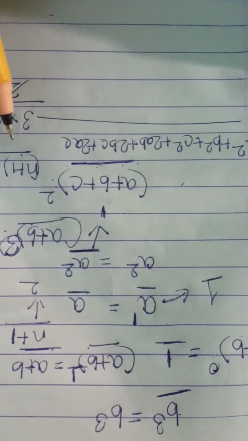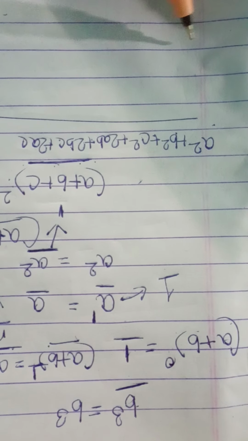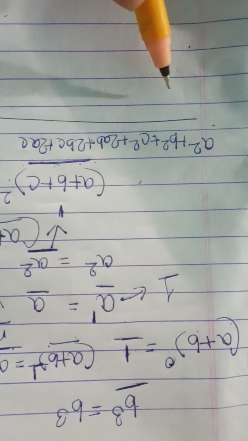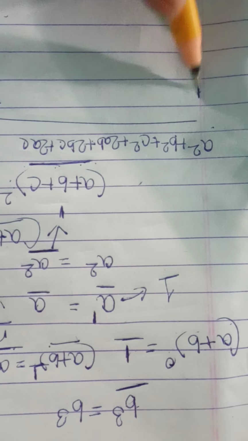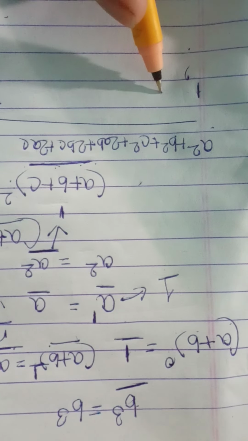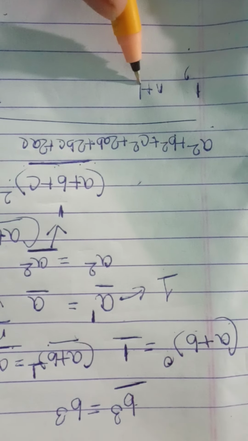Similarly, it means for 1 digit expansion the number of terms is only 1. For 2 digit expansion we find the number of terms is n plus 1.